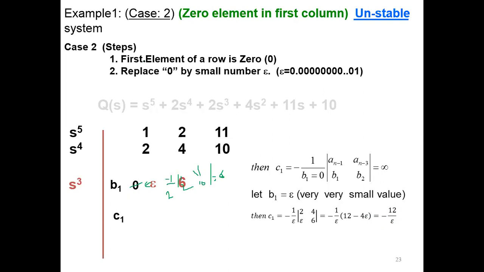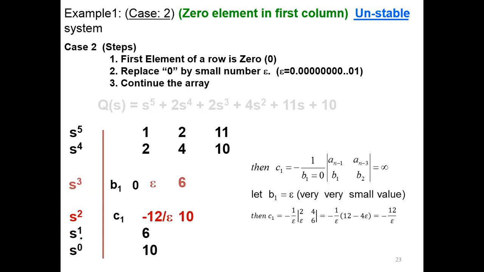So our first step is, if the first element of a row is equal to 0, we will replace this 0 by a small number epsilon, and we'll solve with the help of epsilon, and we will then continue the array, and now we'll get S1 and S0.